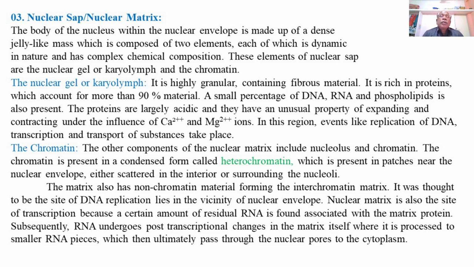The nuclear gel, or karyolymph, is highly granular, containing fibrous material. It is rich in proteins, which account for more than 90% of the material. A small percentage of DNA, RNA and phospholipids is also present.